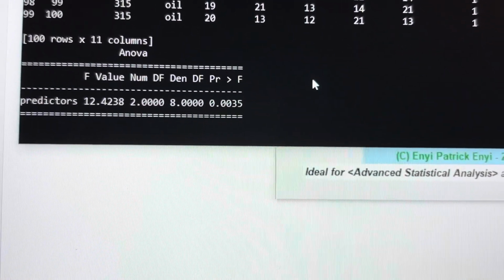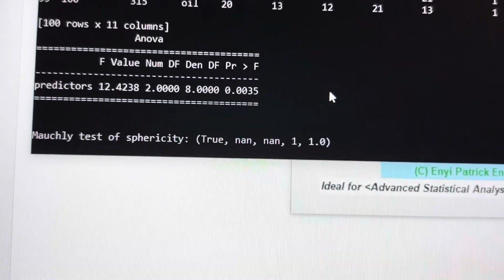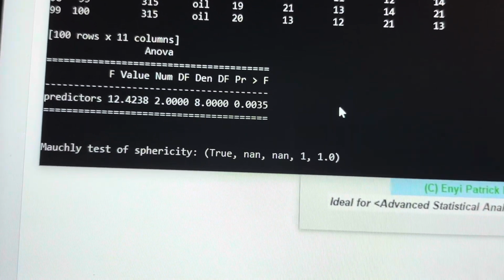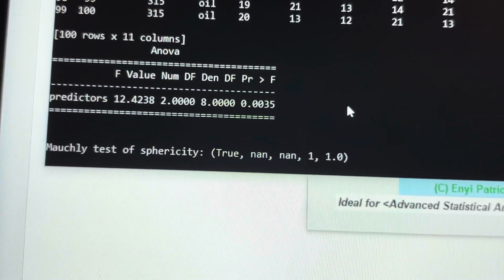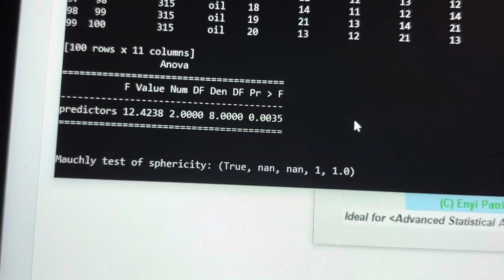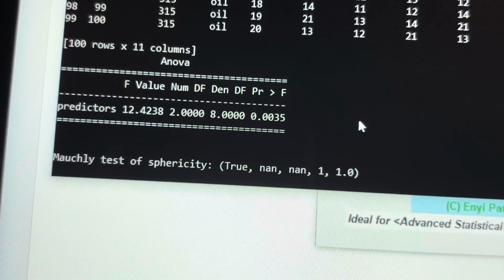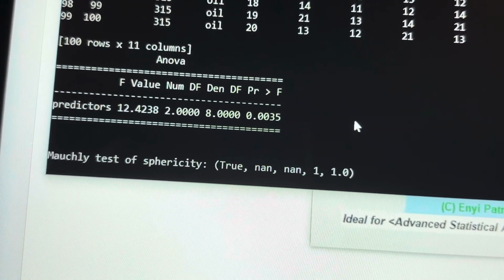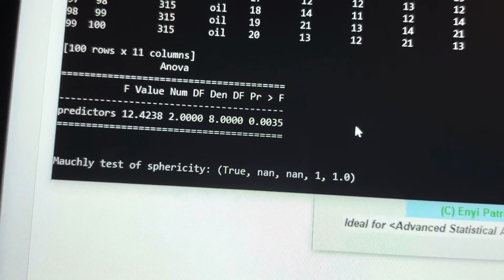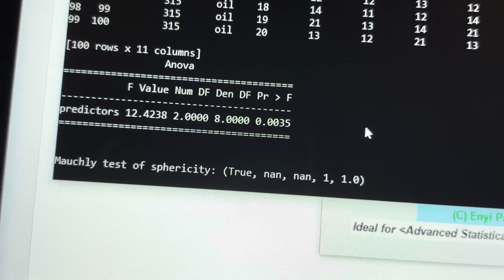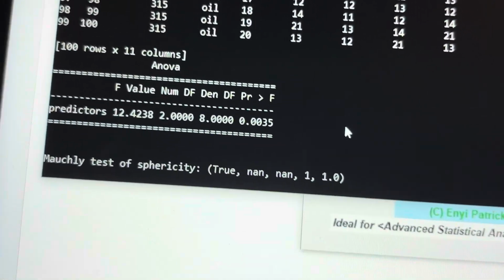So now this is the ANOVA, and the ANOVA is showing that it is very, very significant. The probability is 0.0035, while the F value is 12.4238, with the degree of freedom of F bracket 2, 8.